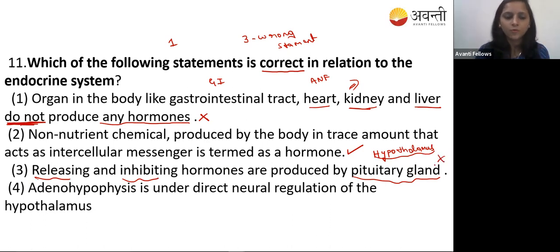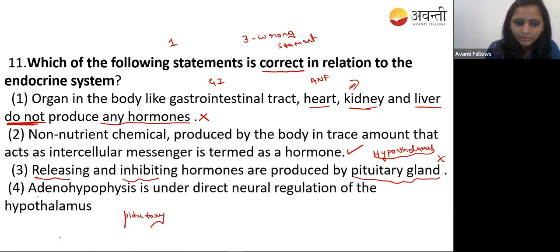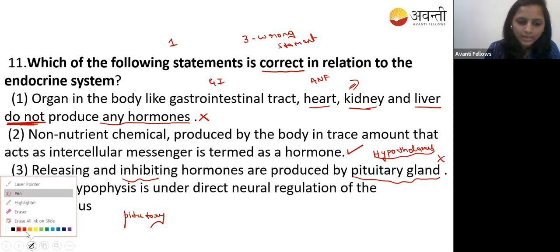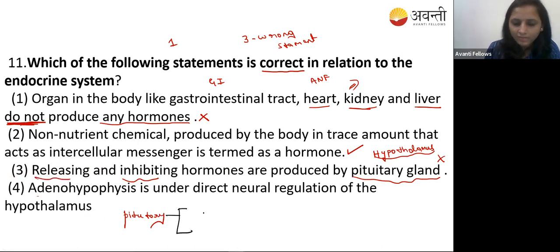Then coming to option 4, the adenohypophysis is under the direct neuronal regulation of the hypothalamus. No. Whenever we are talking about the hypothalamus, we have the pituitary gland, right? The pituitary has two parts. One we call the anterior part.